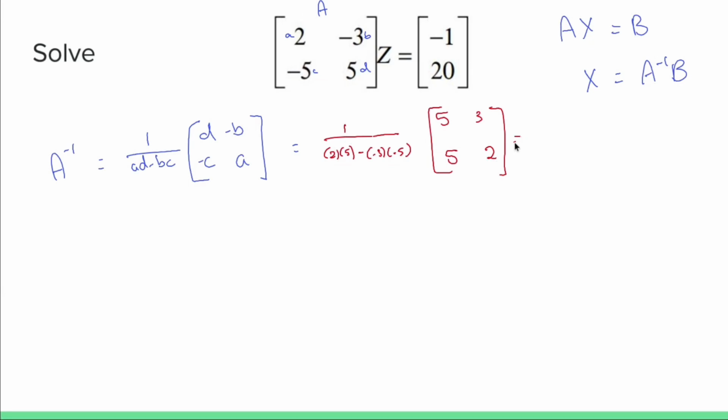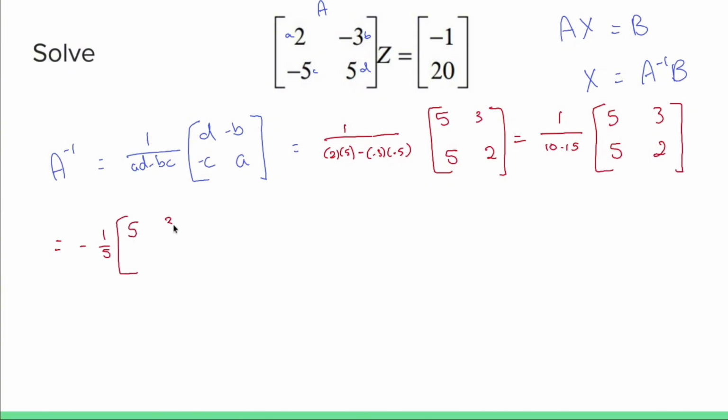All right, so let's figure this out. 1 over 10 minus 15. That's not going to be fun. 5, 3, 5, 2. Okay, so that would be 1 over negative 5, so negative 1/5, scalar multiplication.